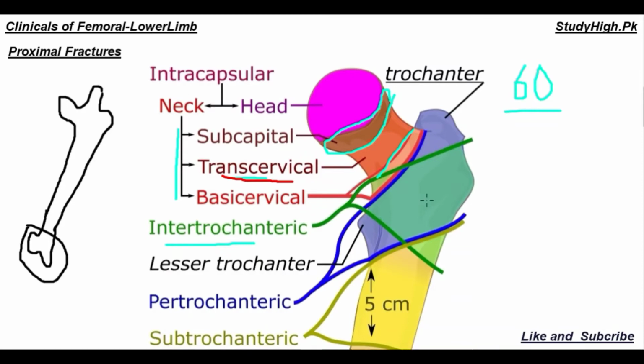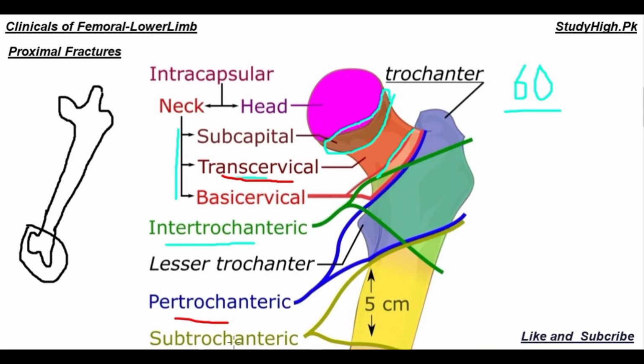If in the intertrochanteric area of the femur, we call it an intertrochanteric fracture. Less common are pertrochanteric fractures, just above or just below the intertrochanteric area. The area below the intertrochanteric is the subtrochanteric area.